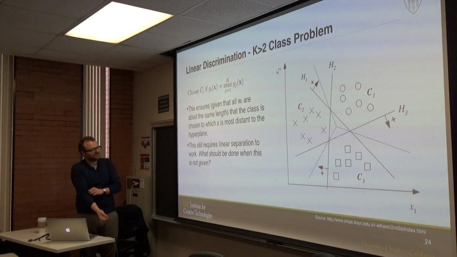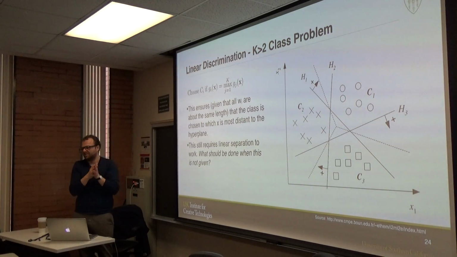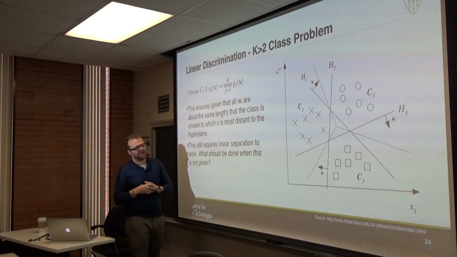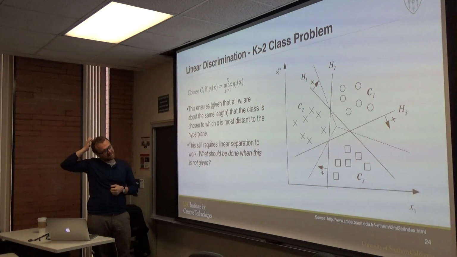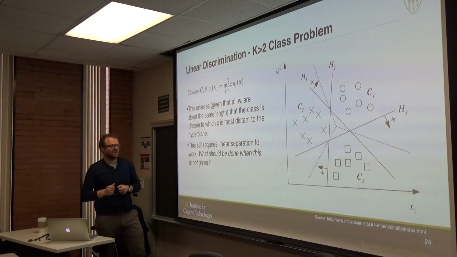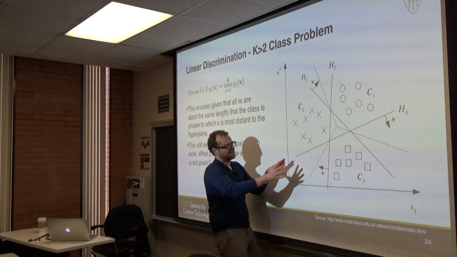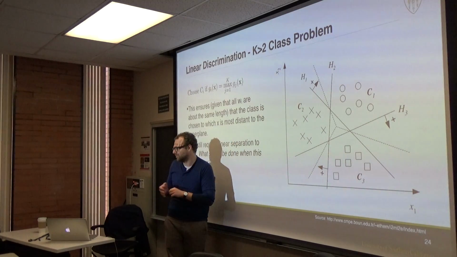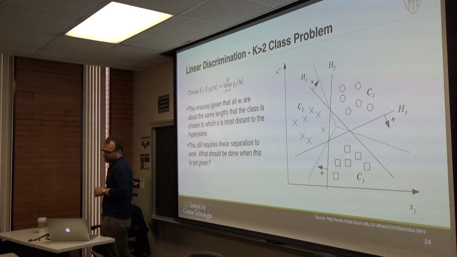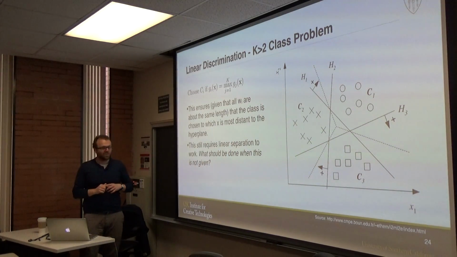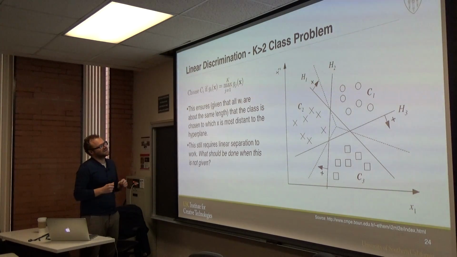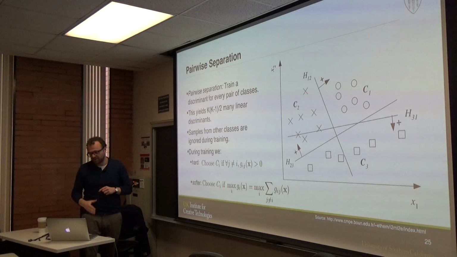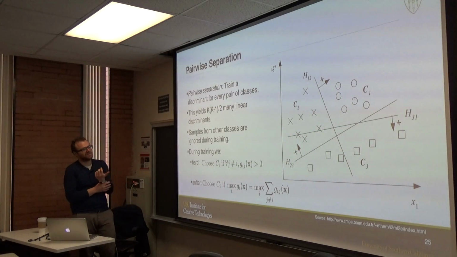So this, however, still requires us to have the ability to linearly separate our spaces. Sometimes you might have a problem where this class goes all the way around here, and then you have trouble splitting out that class properly. Well, the way to do that then is you learn a pairwise separation.